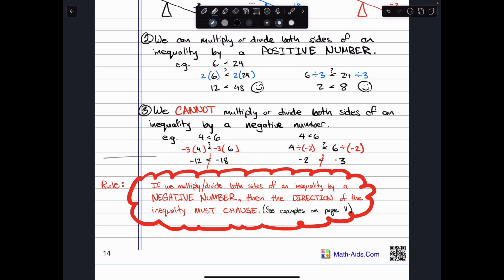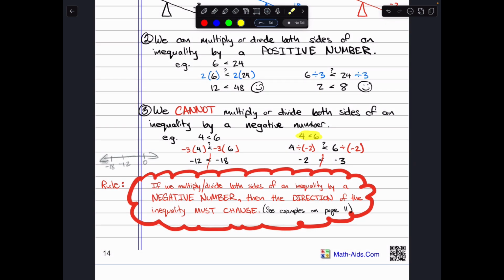Remember, on a number line, we have the zeros over here. -12 is actually greater than -18. I skipped a few numbers, but -12 is not less than -18, right? Same thing if we divide.